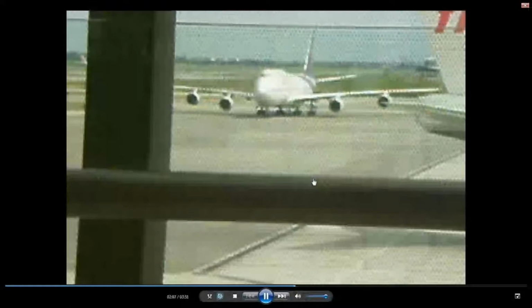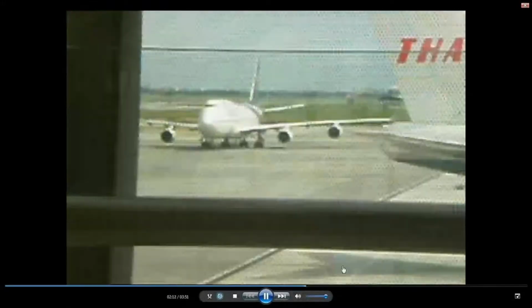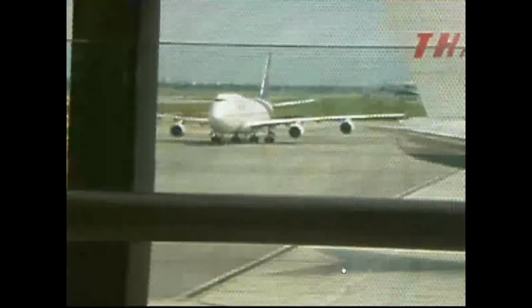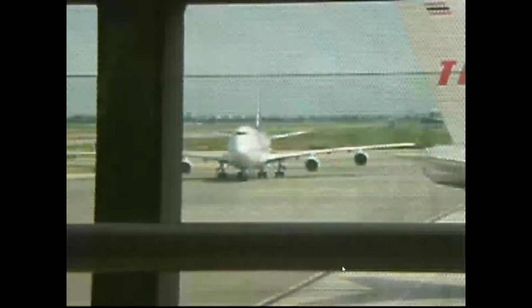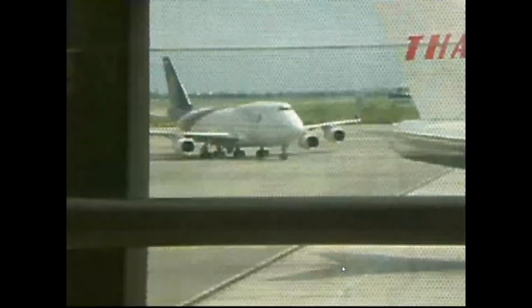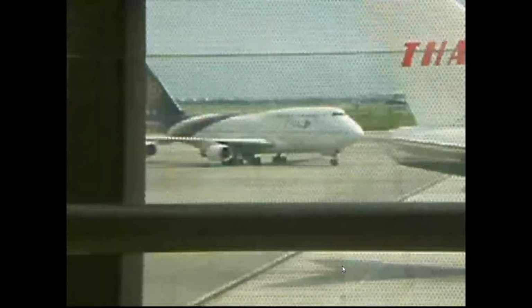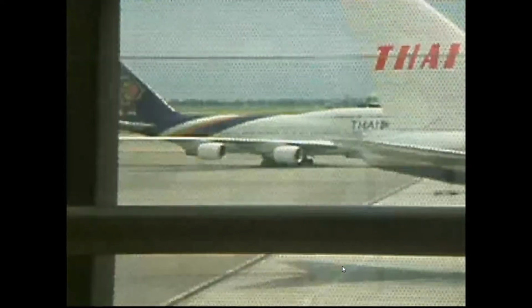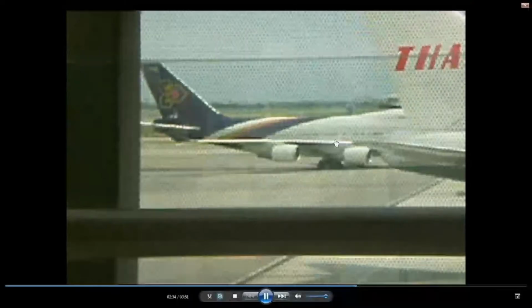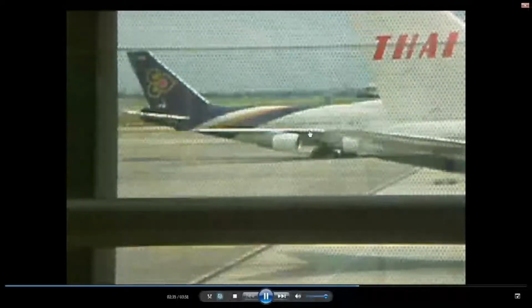So the aeroplane is entering into the airport. We are going to see the aerofoil wings traveling on horizontal line.